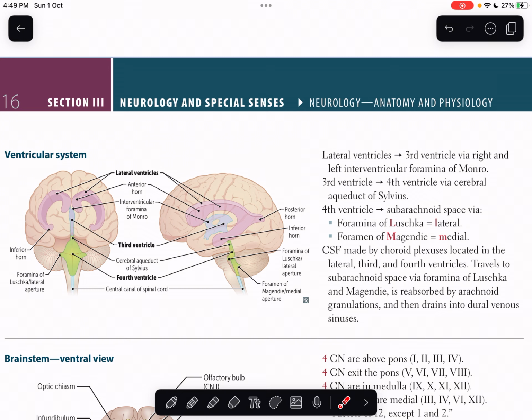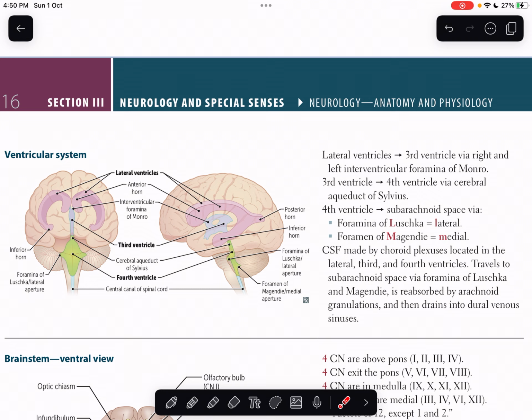So why is it very important to know about the ventricular system of the brain? Because in these ventricles are present the choroid plexuses, and they are continuously making the cerebrospinal fluid. The CSF is being produced by them, and so now it is also going to be reabsorbed, right?